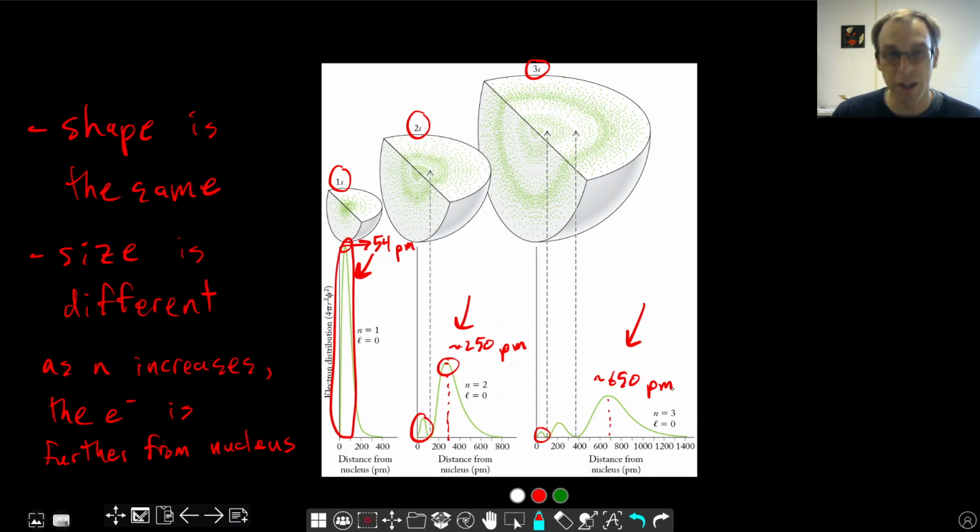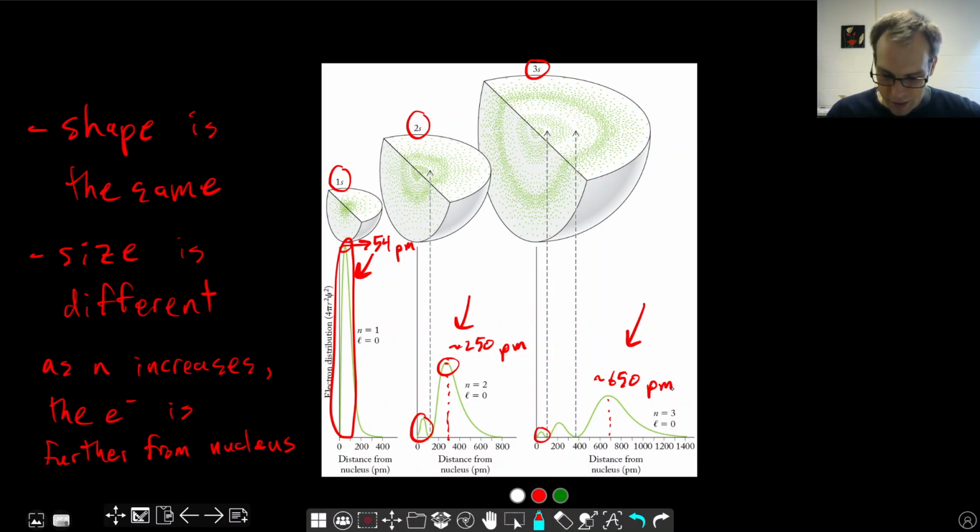So we can see there's a pretty clear trend here: as the principal quantum number n increases, these orbitals get quite a bit larger. It's like 5 times further away from the nucleus going from 1 to 2, and then it goes out to 650 picometers on average. So that's one thing to notice, that we get different sizes of the orbitals. The larger the orbital is, the higher the energy it is as well for the electrons.